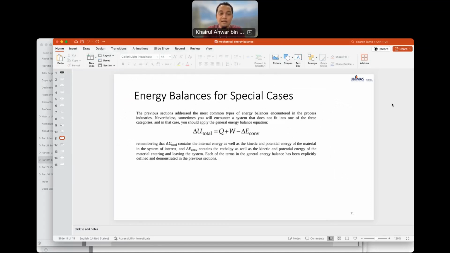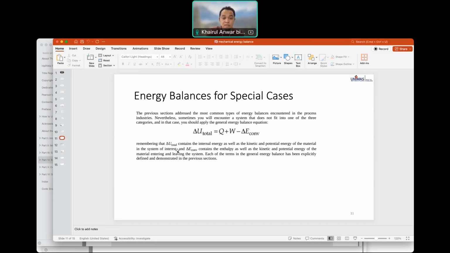The previous section addressed the most common types of balance encountered in the process industry. Nevertheless, sometimes you will encounter a system that does not fit into one of the three categories. In that case, you should apply the general energy balance equation: delta U total equals Q plus W minus delta E conv.